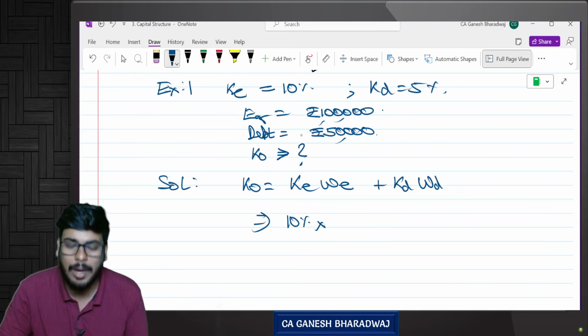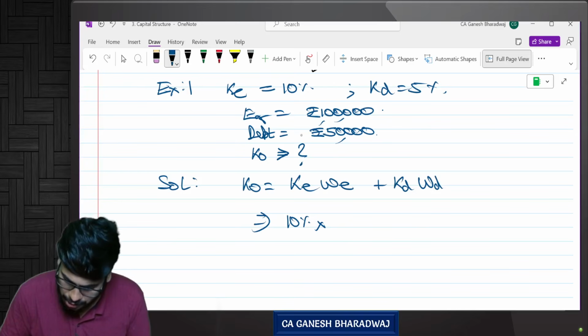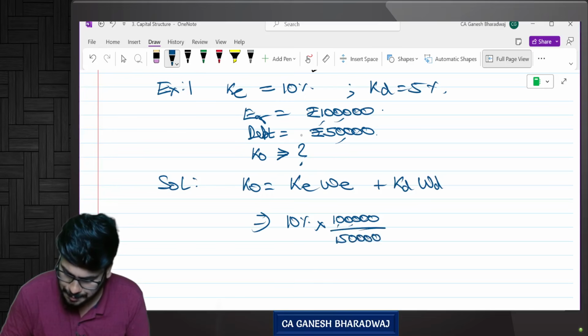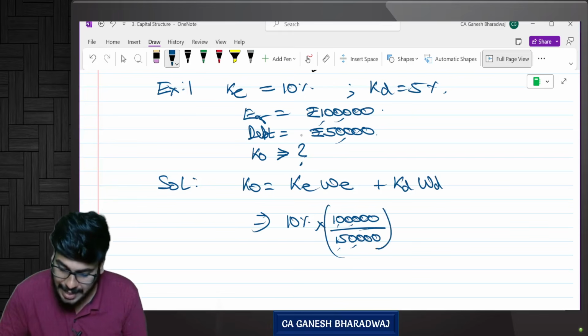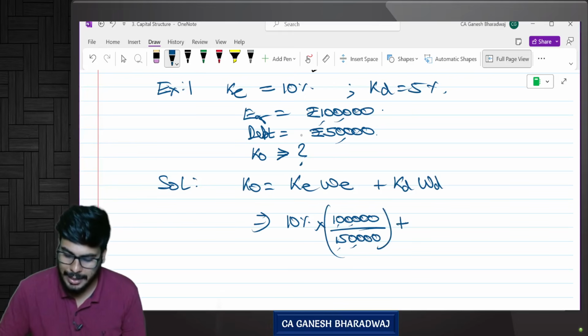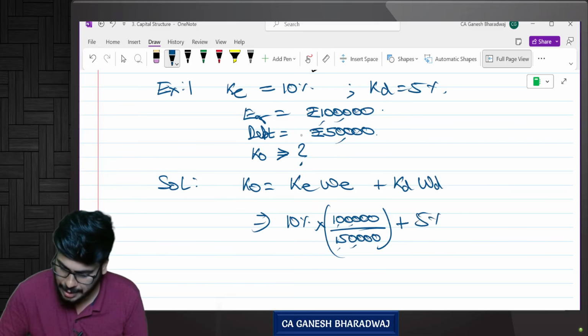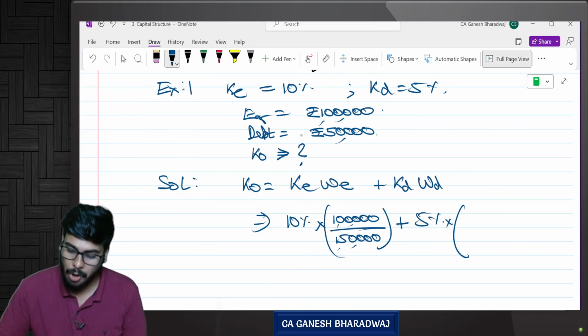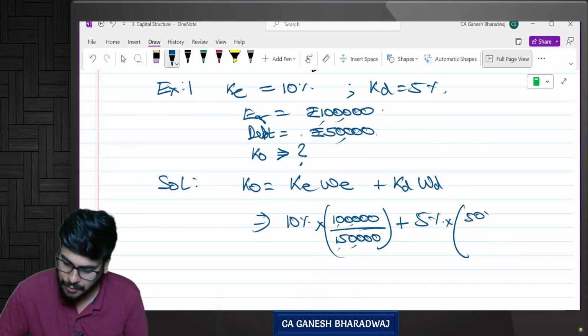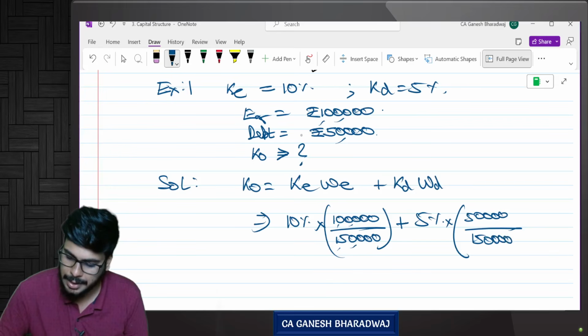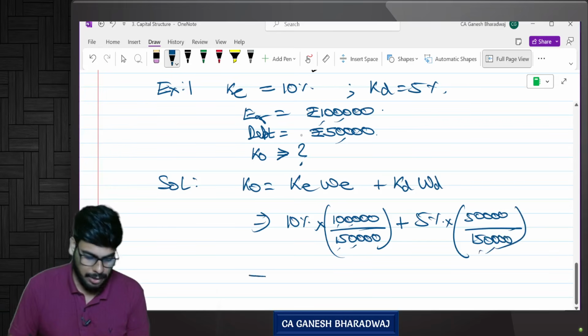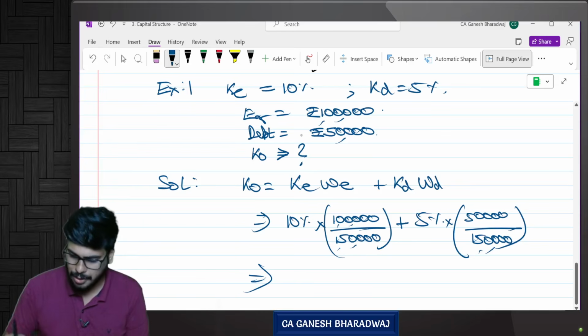Out of this, 1 lakh is coming from equity. So this is nothing but 1 lakh divided by 1,50,000. Yes, this is the weight of equity. Plus for debt, KD is 5% into the weight of debt, which is going to be 50,000 divided by 1,50,000. Correct, guys? Yes. Fine.